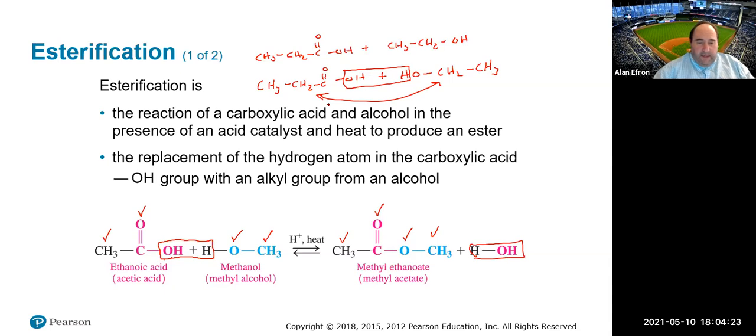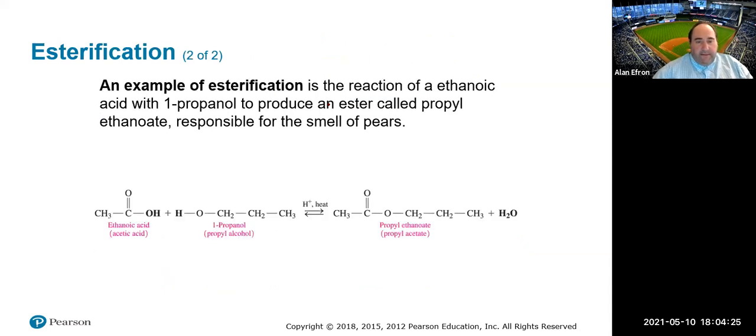Okay, here's one right here. Here's an example of an ester. Again, our water coming out and putting it together, making our ester bond, which is basically right here, that connection. That's the connection that makes the ester.